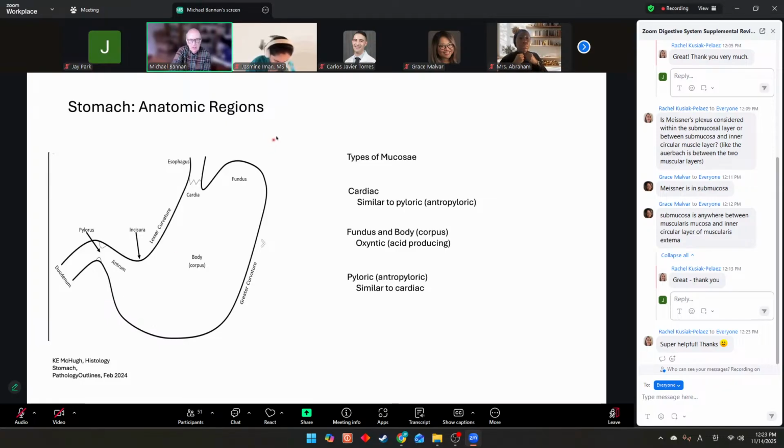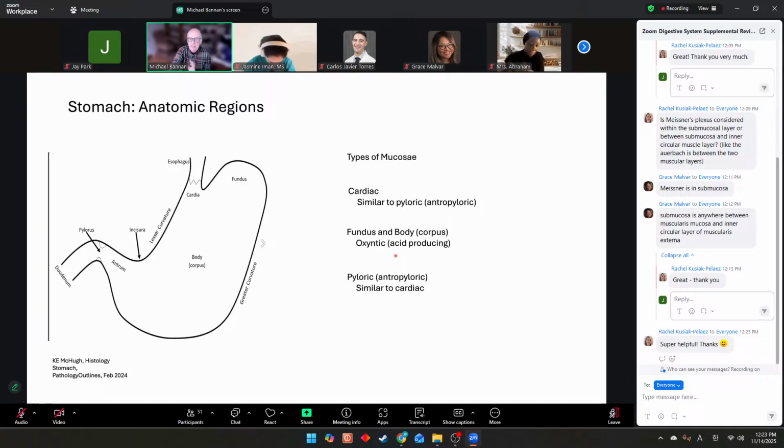Okay. Now, in terms of the mucosal coverings, there are basically two types of mucosa. This oxyntic or acid-producing mucosa is the most common type, and it's the most complex type. This covers the fundus and the body of the stomach.